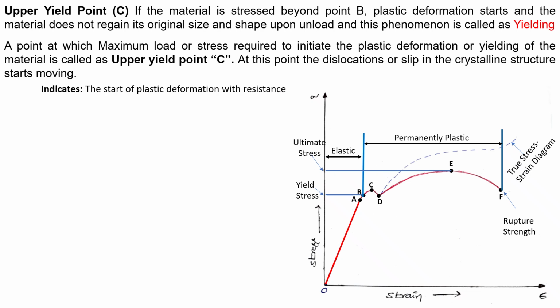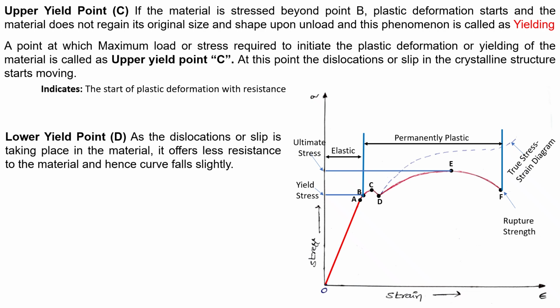So upper yield point indicates the start of plastic deformation with resistance. So next we look for the next point, that is the lower yield point. So that is the point D.